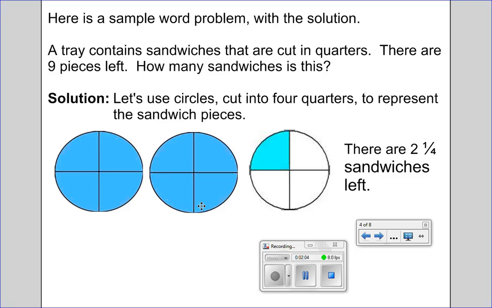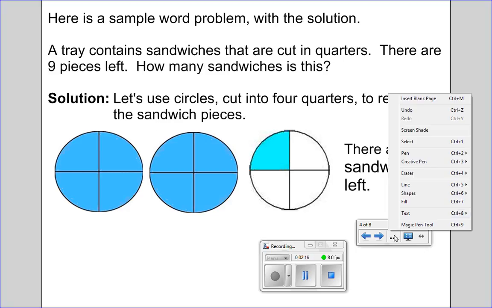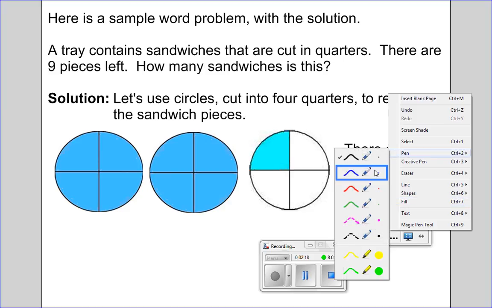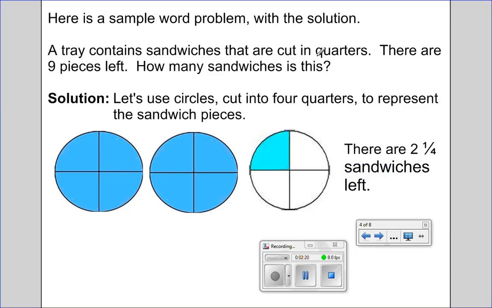I said, let's draw circles, and we'll cut them into 4 quarters, because the sandwiches were cut in quarters. There are 2 pieces of key information to highlight: there's quarters, which I've represented in my circles, but the key thing is there are 9 pieces.